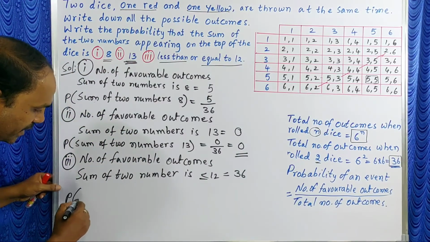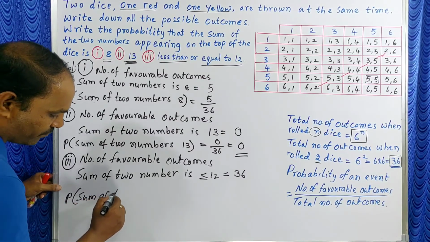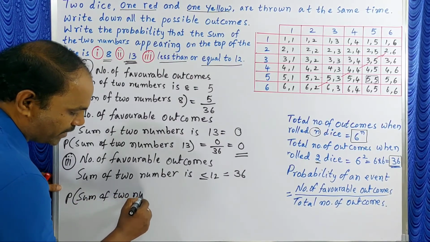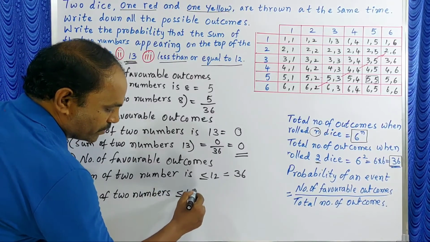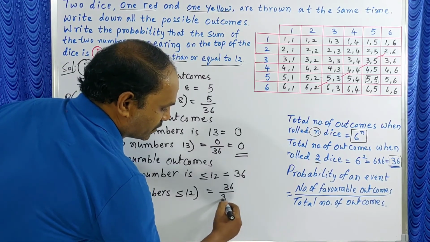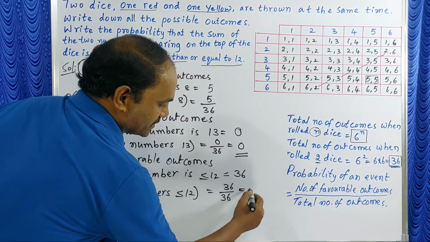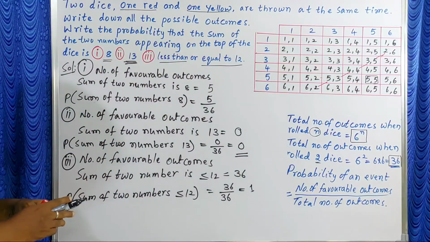So probability of sum of two numbers less than or equal to 12 is equal to number of favorable outcomes by total outcomes, 36 by 36, 1. So this one is called a sure event.